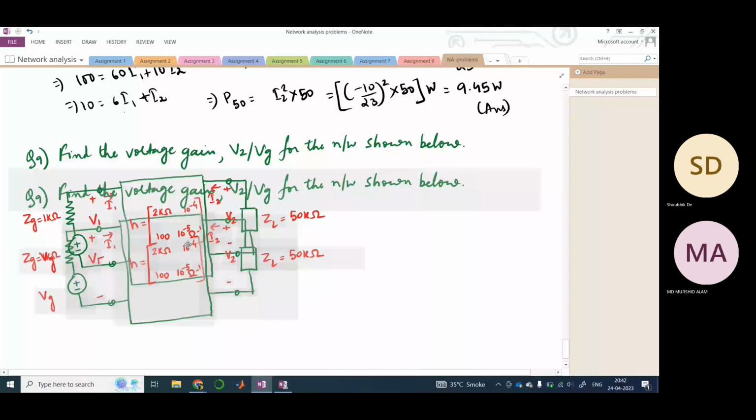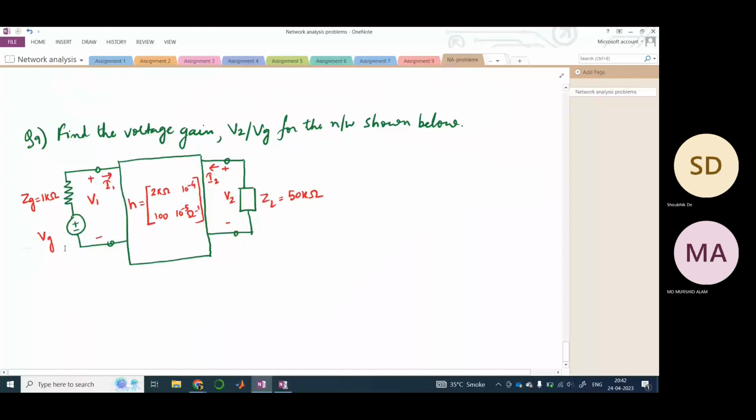So see here, here we need to find out what is the voltage gain. Now if you see VG here, VG is nothing but our input voltage of this whole circuit, and V2 is the output voltage, right? And this is our H parameter circuit.